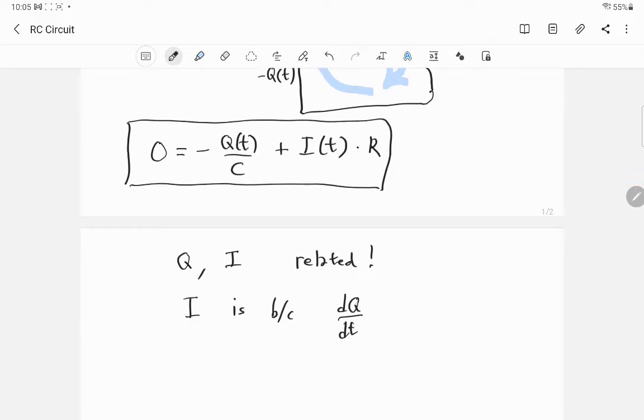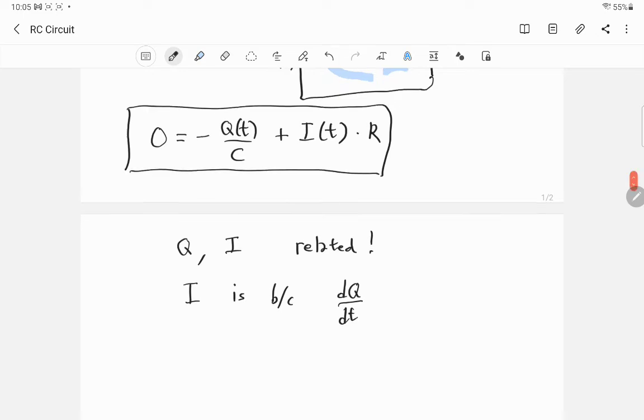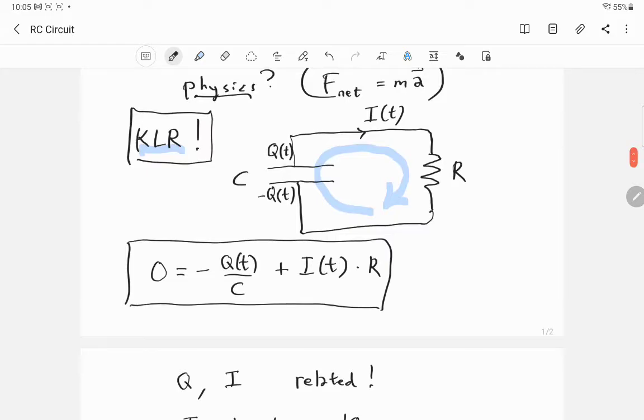You get current because the charge separation on the capacitor is changing. But this is really important in this discharging case. We're watching the capacitor lose the charge separation. So Q of t is getting smaller and smaller, closer to 0. Negative Q of t is actually growing up to 0 because it's a negative number.